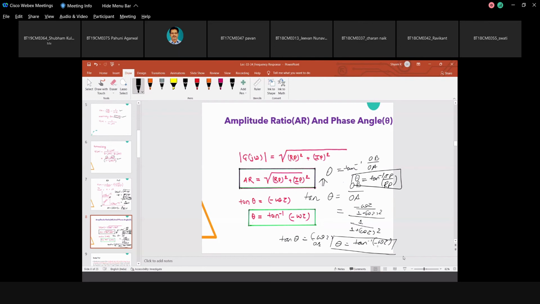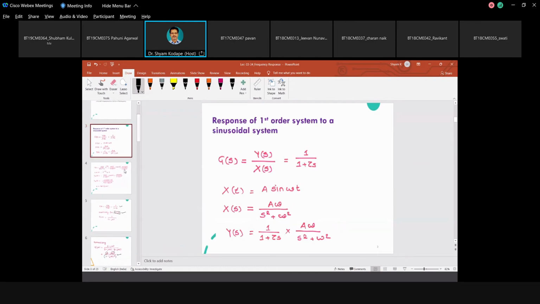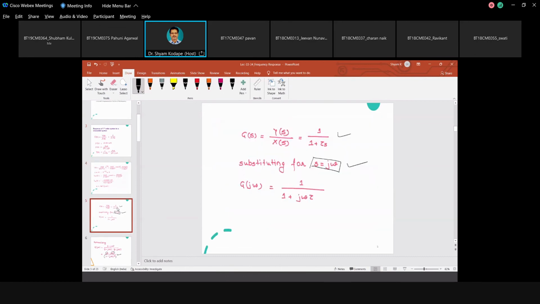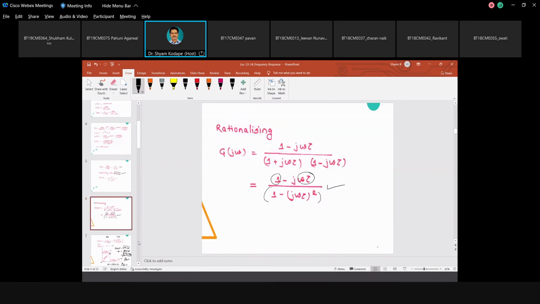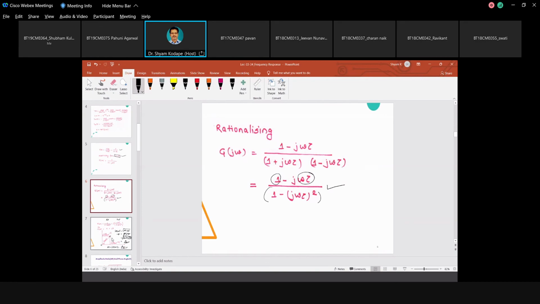So the resemblance of this complex algebra with the derivations which we have carried out here shows that we can derive the same things with the help of complex algebra also. So remember these two equations.